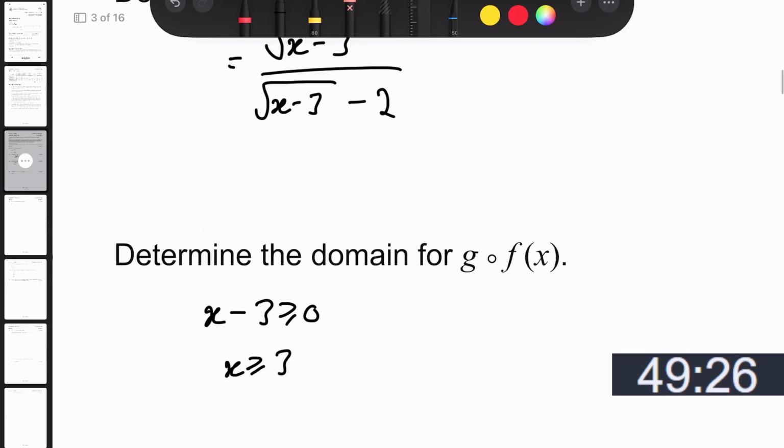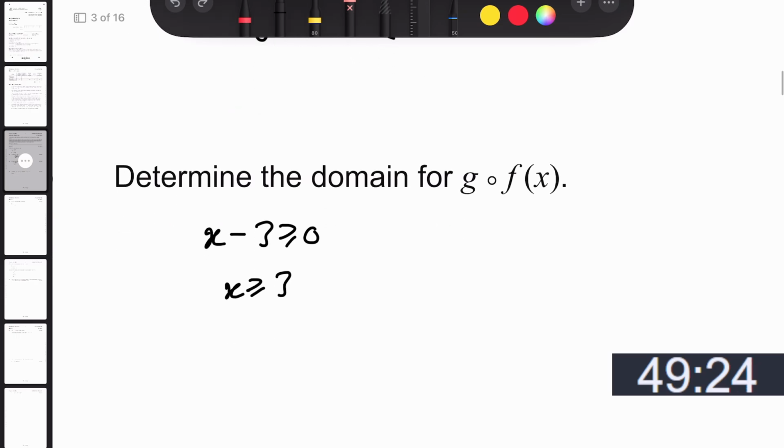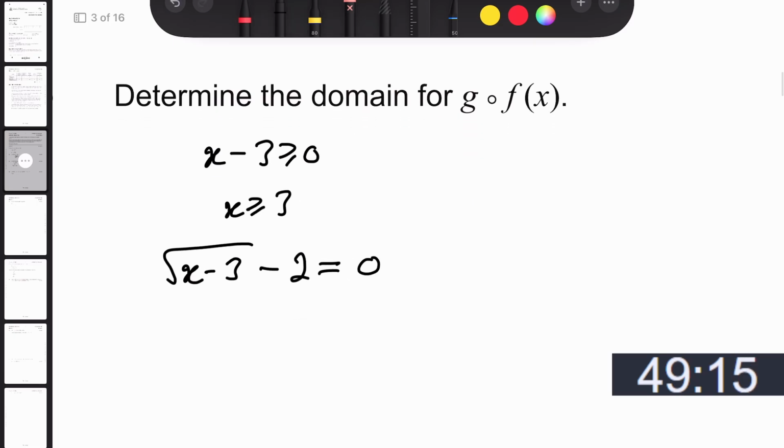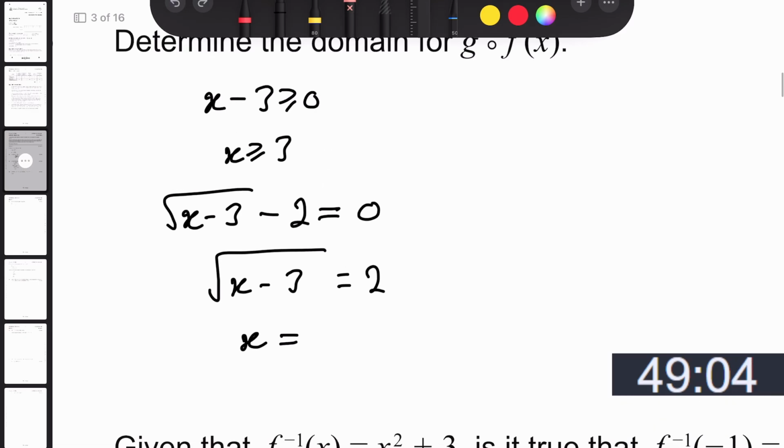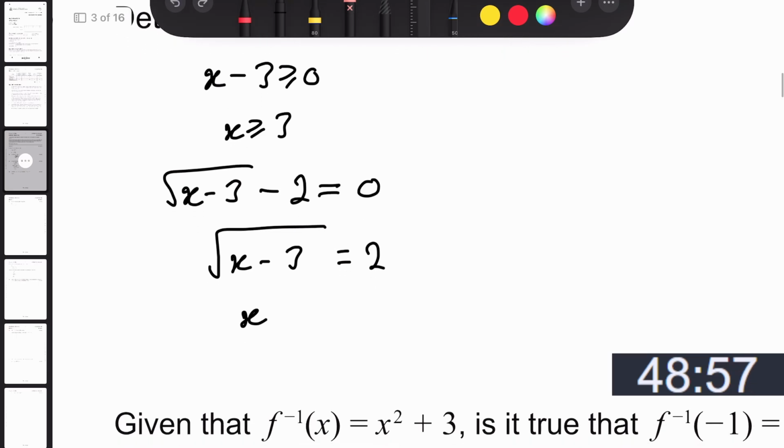And then x minus 3 square root minus 2 cannot equal 0. So let's see the value if it does equal 0. Square root of x minus 3 is going to equal 2. So then x cannot equal, I want that to be 4. So it needs to be 7. Because that would be x minus 3 equals 4, x equals 7.